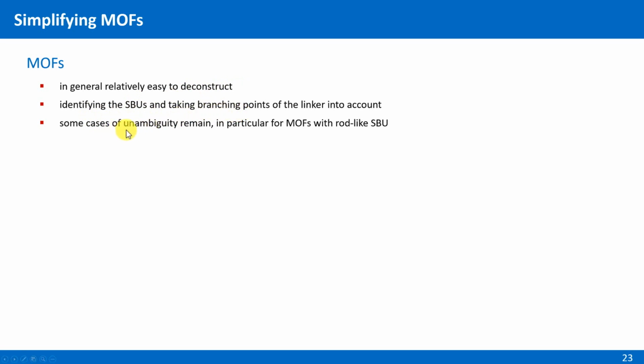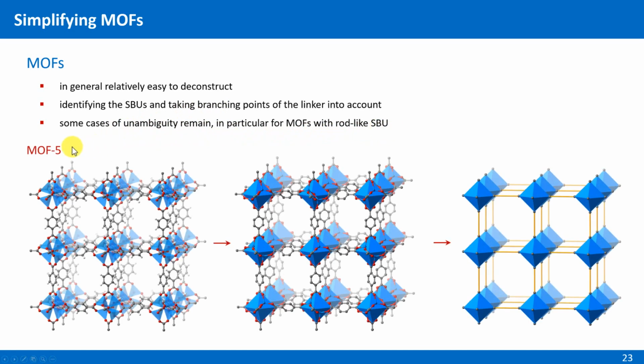There are some cases in which ambiguities remain. This is particularly true for metal-organic frameworks with rod-like SPUs, but as I said, in general it is not a difficult task.